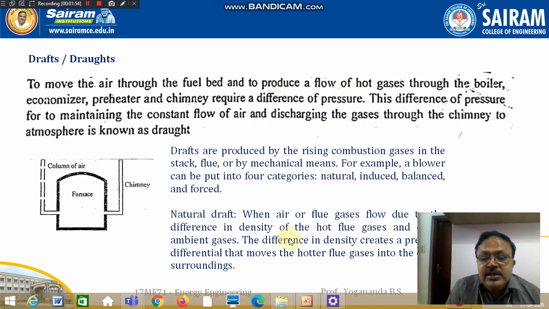This difference in density creates the pressure difference, and that pressure difference allows the hot gas to flow from one place to the other, to the place where the pressure is less.